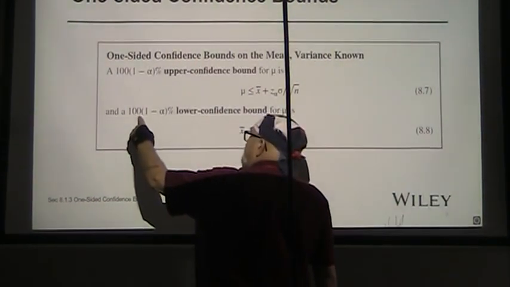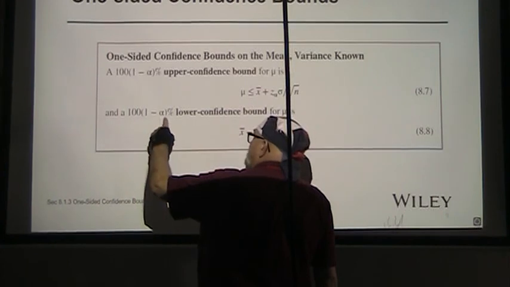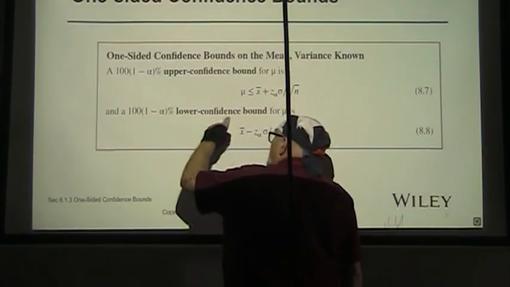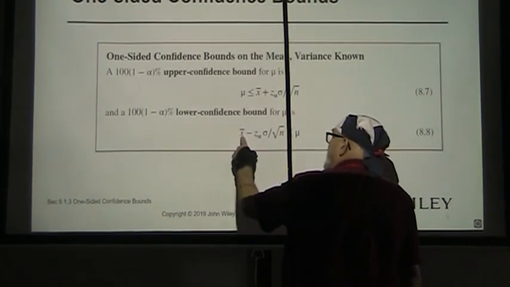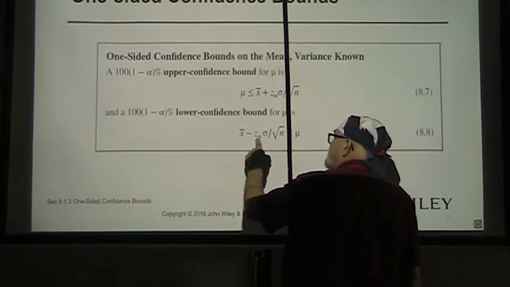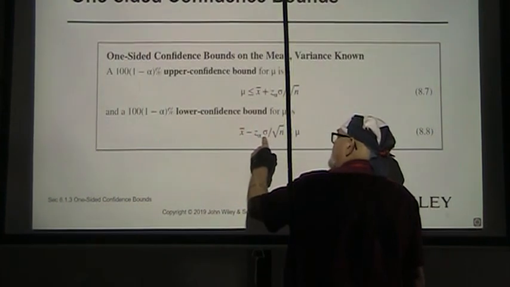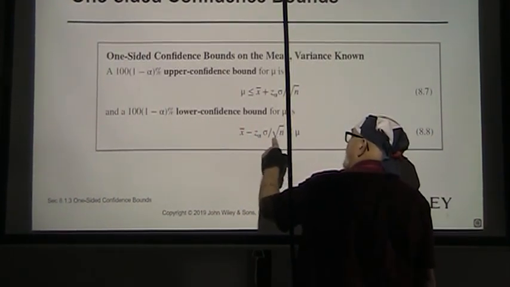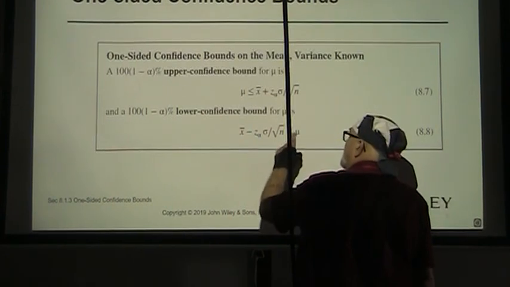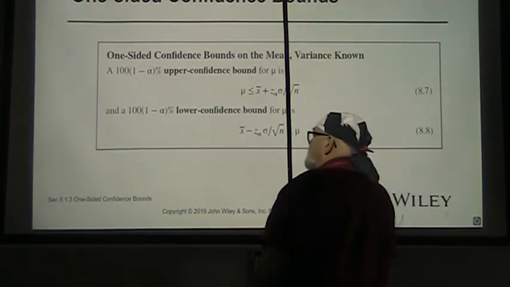And a 100 times the quantity 1 minus alpha percent lower confidence bound for mu is x bar minus z alpha times the standard deviation divided by the square root of n, less than or equal to mu.